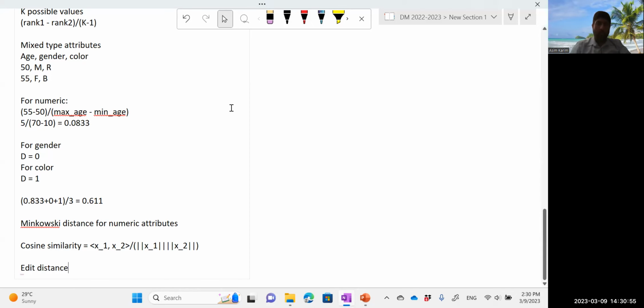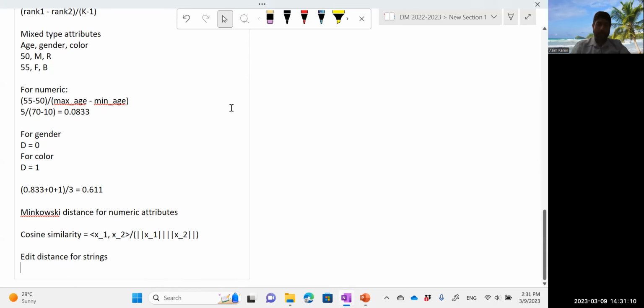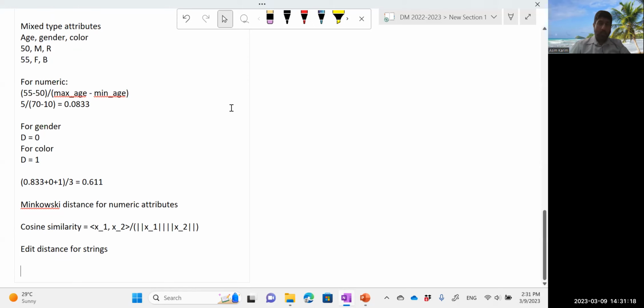For those who studied NLP, you will know what edit distance is. So you can compute the edit distance between two strings. So this would be a dissimilarity function, proximity function for strings. Okay. Similarly, if your domain is bioinformatics, you can use a bioinformatics similarity measure. If it is social science, you can use one from that.